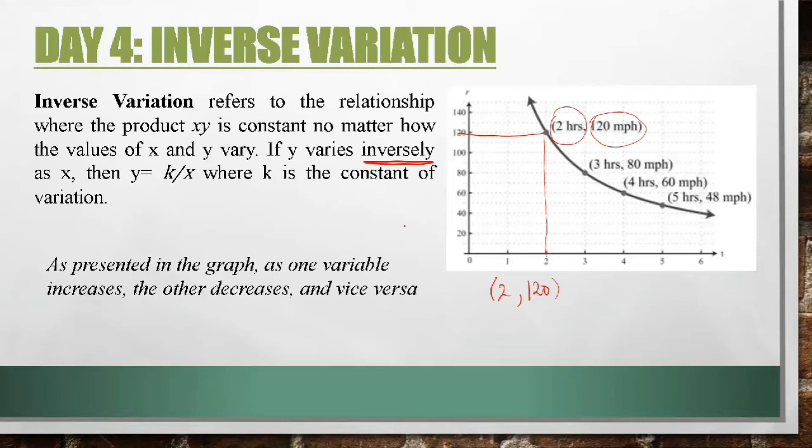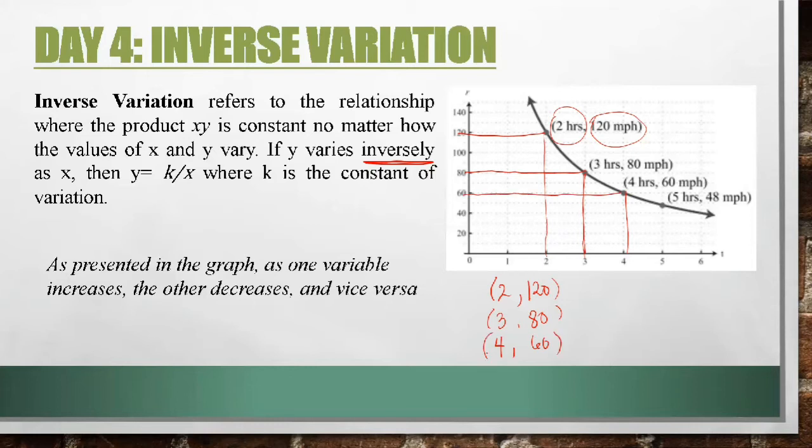So at least two ordered pairs so that you can identify if this is inverse or a direct variation. Yung next ordered pair natin is yung x natin is 3 and yung y natin is 80. And then, let's have this third ordered pair which is 4 ang x and 60 miles per hour naman ang ating y.